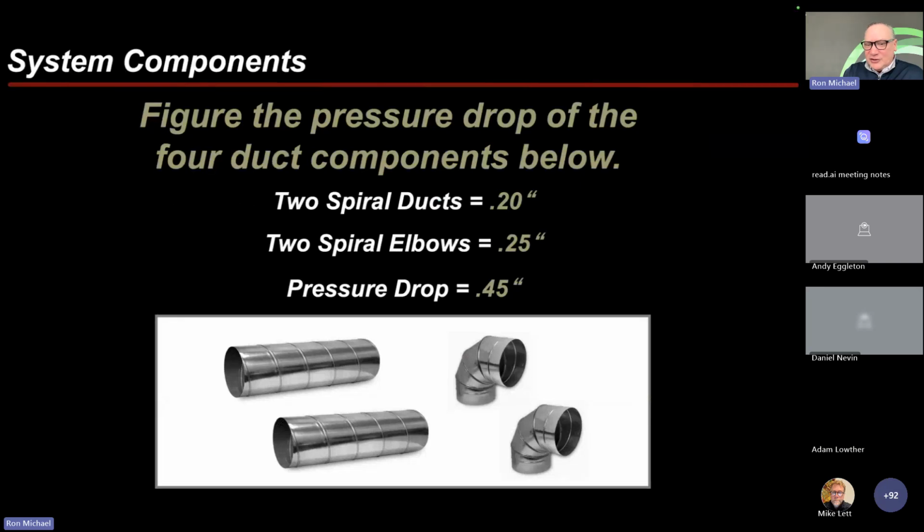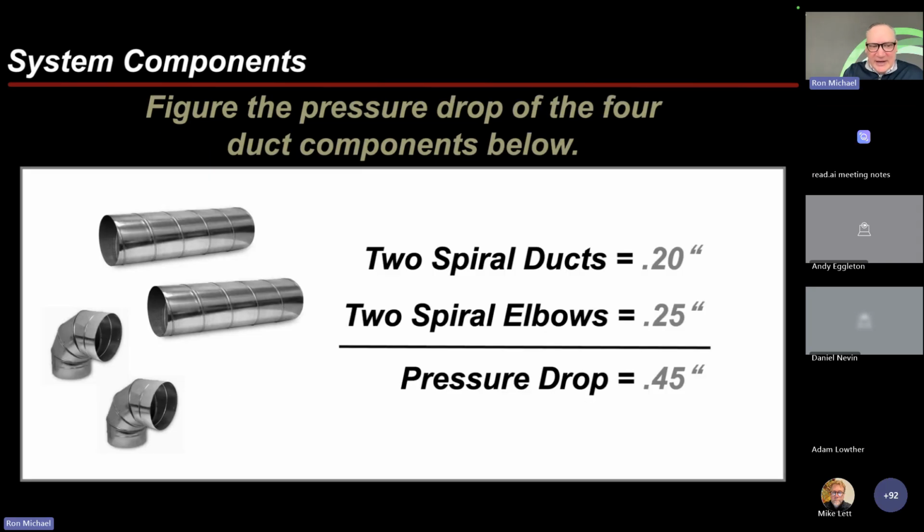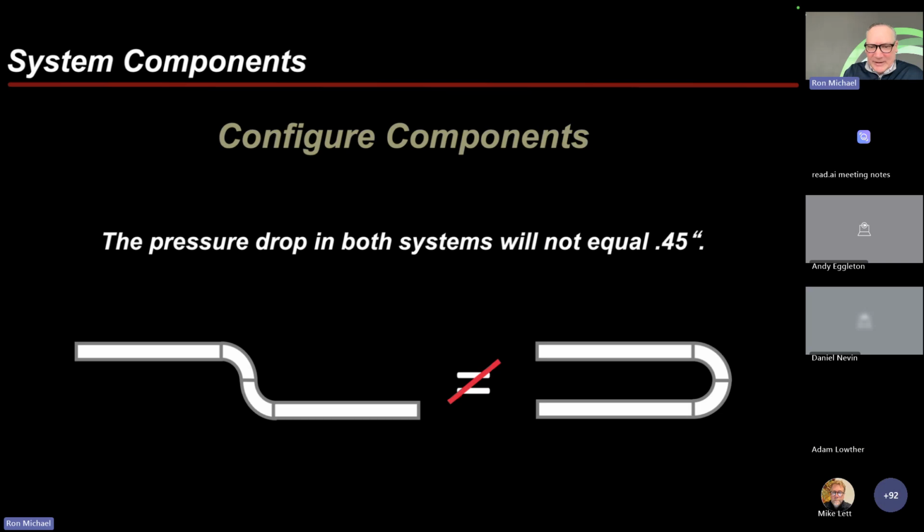So I like to show this little example. I've got four components. I went to SMACNA. I figured up what the pressure drop would be based on a given velocity. The problem is you add all these up for a total pressure drop. However, this configuration and this configuration, they're not going to match that 0.45 that the SMACNA calculation said you should have.